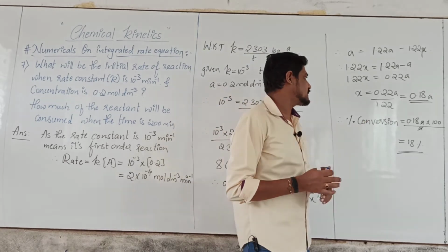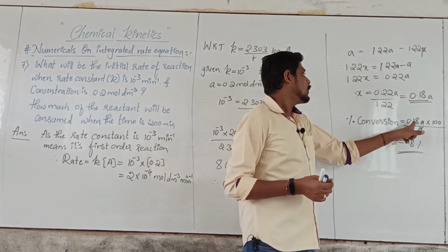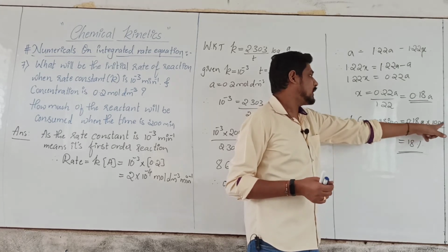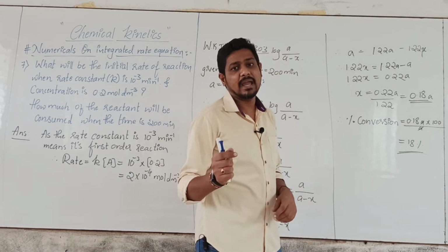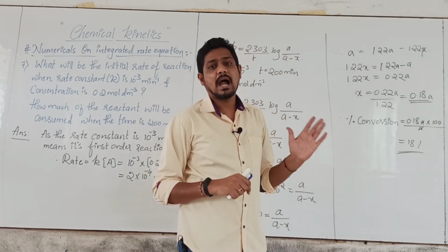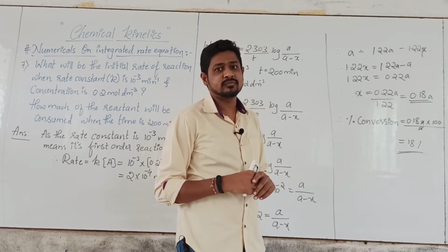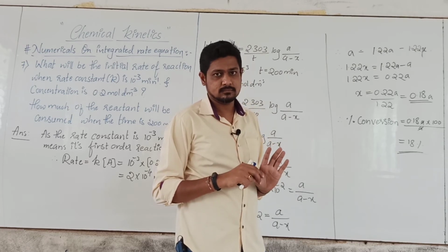We can convert this into percentage also: 0.18 A into 100 divided by A, so it is 18%. So at 200 minutes, 18% of the reaction is completed.